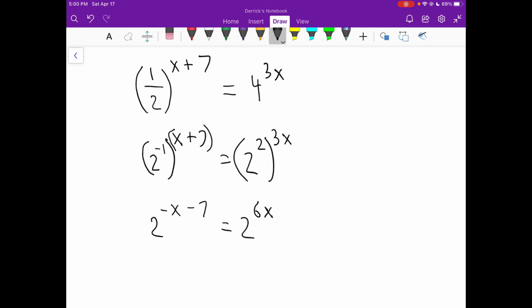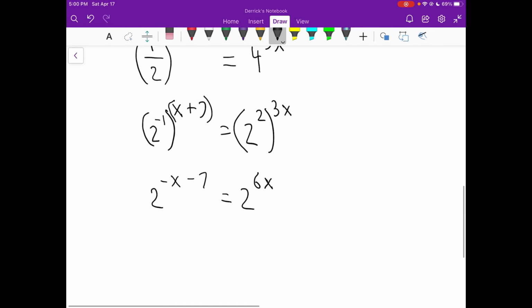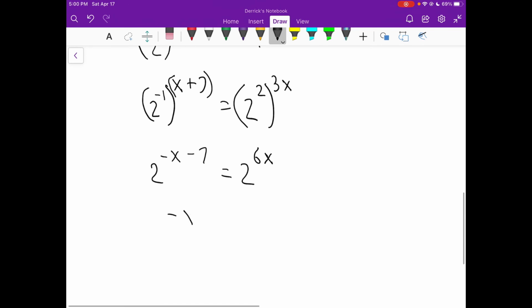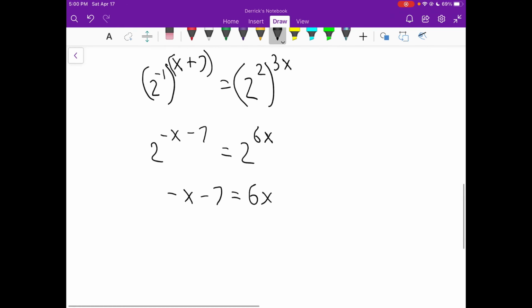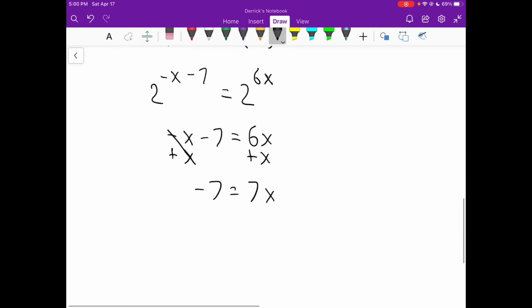Again, since the bases are equivalent, we can just set the exponents equal to each other. And again, we've created a pretty straightforward linear equation. We could add x to the other side, giving us -7 equals positive 7x, and then simply divide by 7 to get x equals -1.